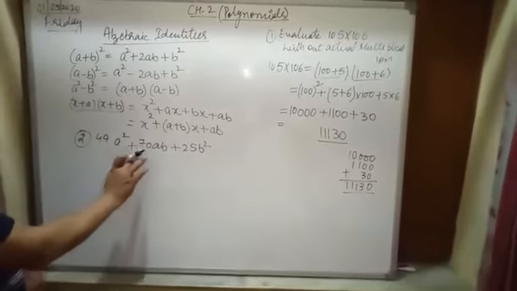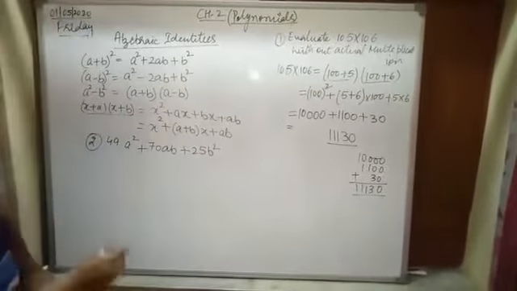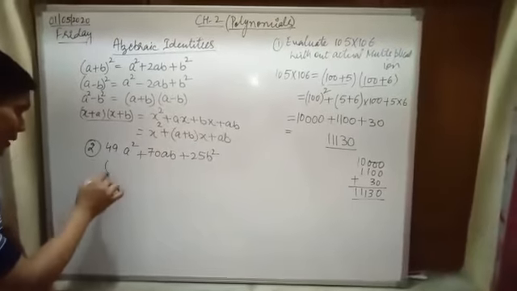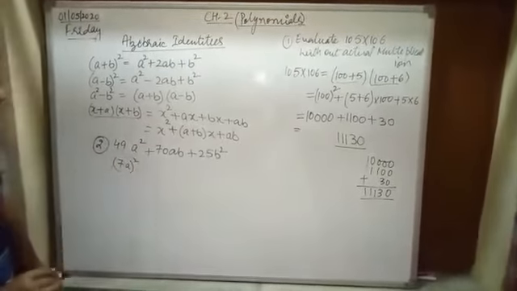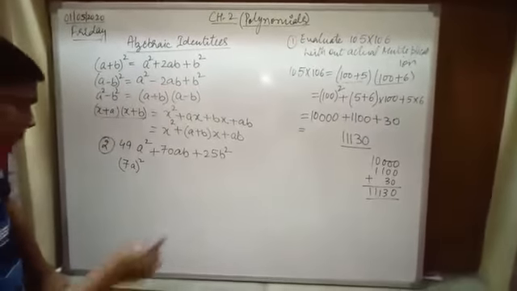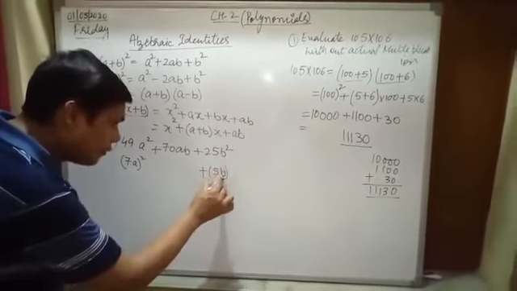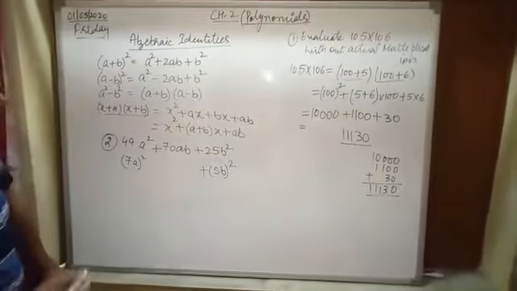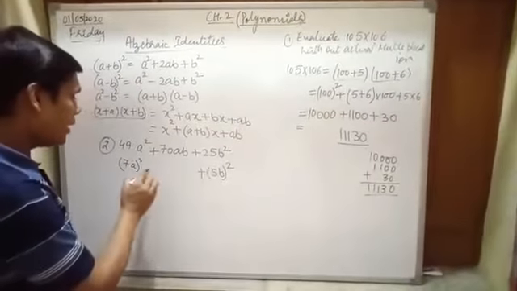Simple. We can write it as (7a) square. 49 is the square of 7. This 25 is the square of 5. It means this is a square, this is b square.